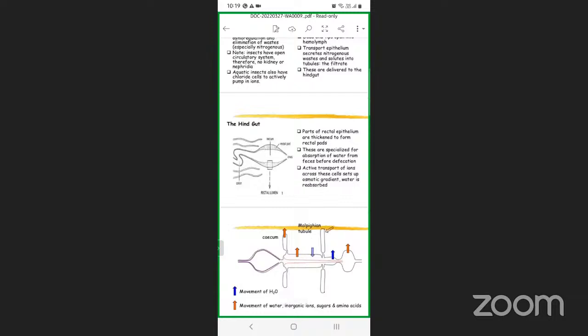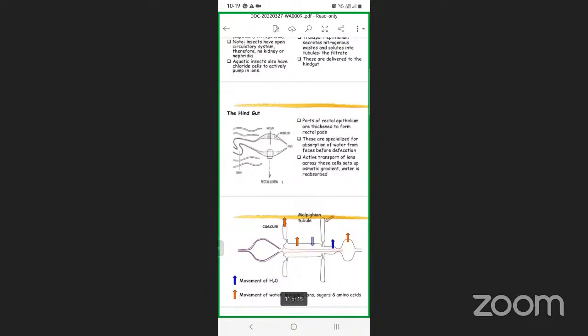Particularly in the hindgut region, parts of the rectal epithelium are thickened to form rectal pads. These rectal pads are specialized for the absorption of water from feces before defecation. Here we also see the active transport of ions across these cells, which sets up the osmotic gradient, and water is reabsorbed.